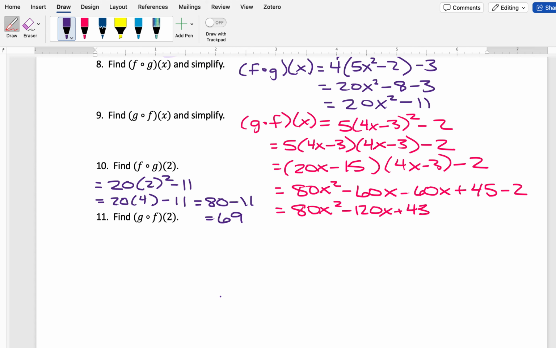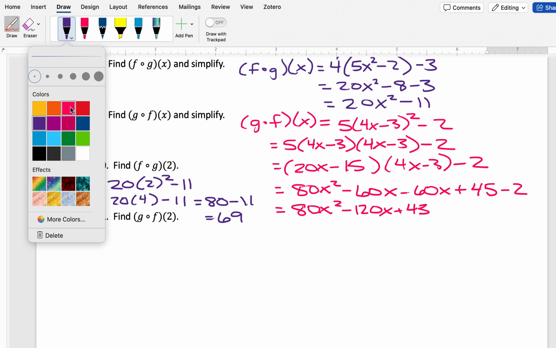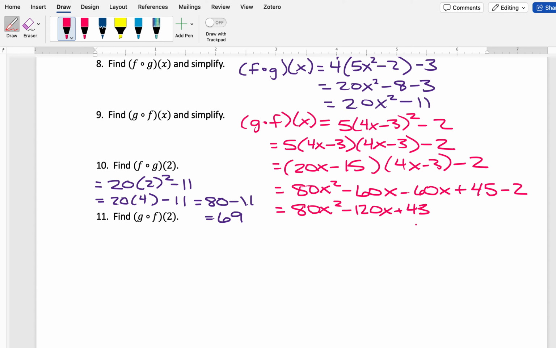Similarly, for number 11, I could plug into f and then plug into g, or I can use the formula that I have already found. Since I've already found it, it's going to be a little bit easier to just plug into that directly. So for that formula, it's 80x squared, so 80 times 2 squared minus 120 times 2 plus 43.